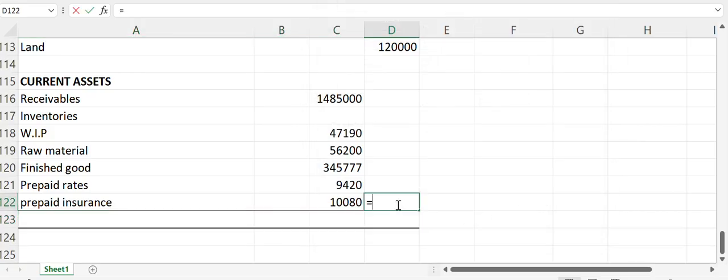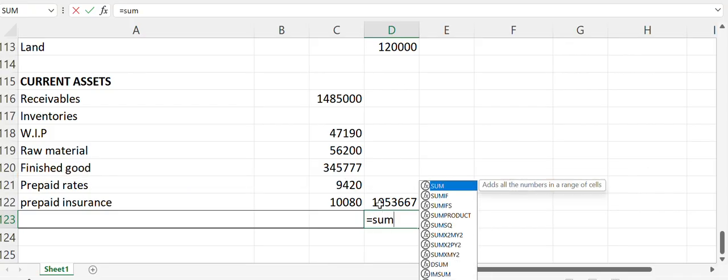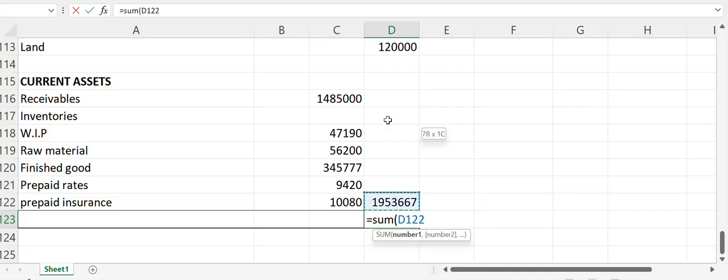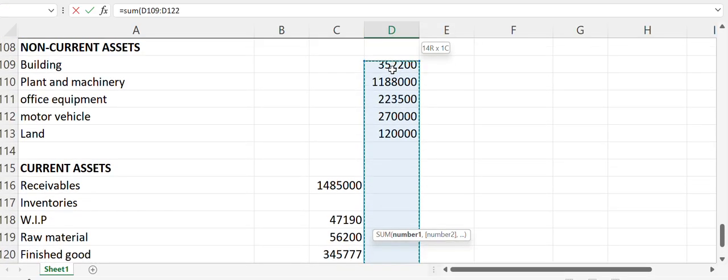So we can add all this to get that. So total assets will be the summation of everything here.